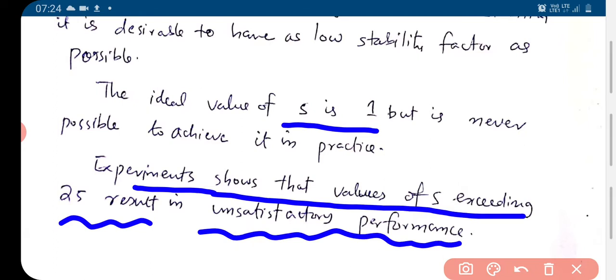So it is desirable to keep the stability factor less than 25. Practically, if it is less than 25, we can expect satisfactory performance of the transistor circuit.